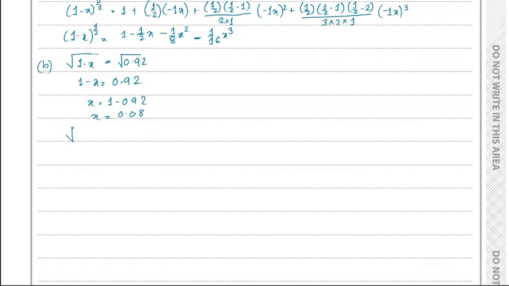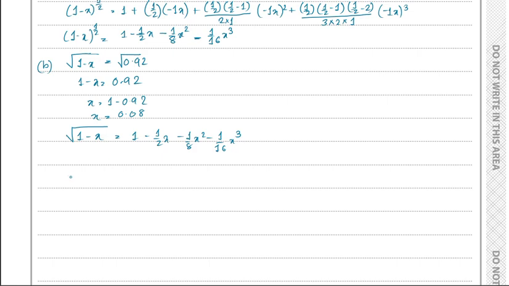If I put that in here, we got root over 1 minus x to be 1 minus 1 by 2 x minus 1 by 8 x squared minus 1 by 16 x cubed.